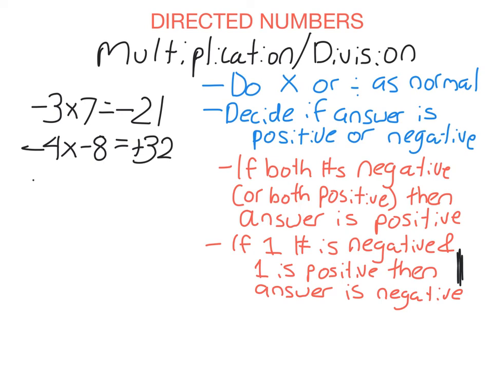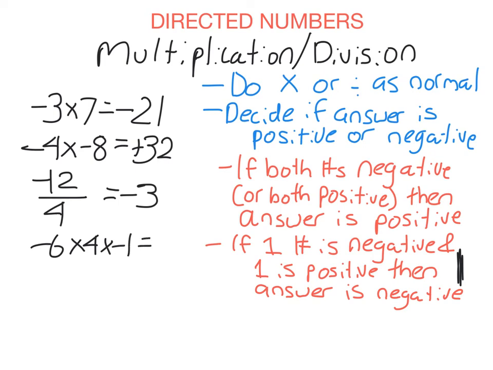Same for division. Let's say I have negative 12 divided by 4. So 12 divided by 4 is 3. Only one of the numbers is negative, so the answer must be negative. What about if I wanted to do something like negative 6 times 4 times negative 1?